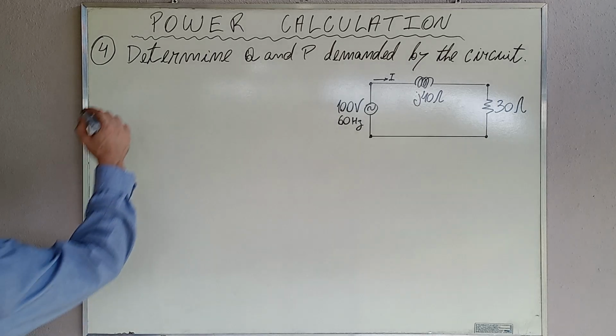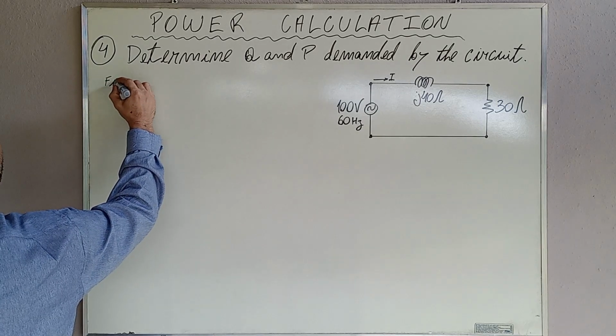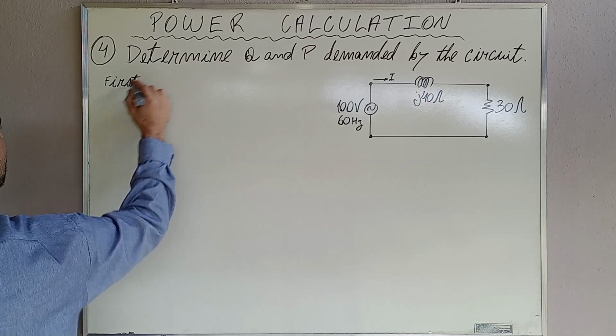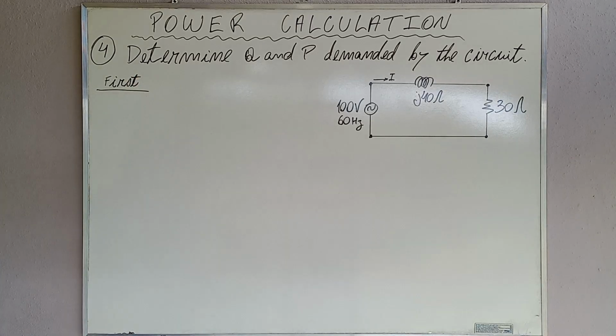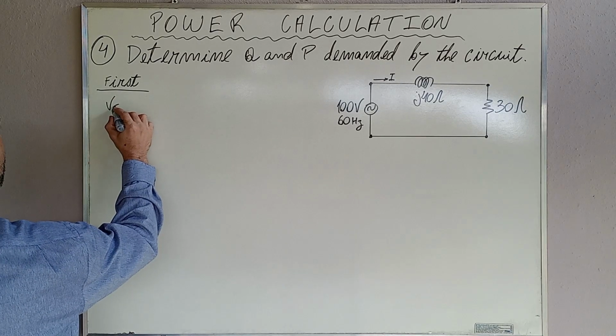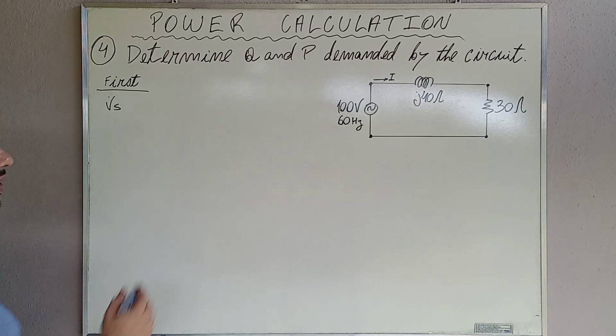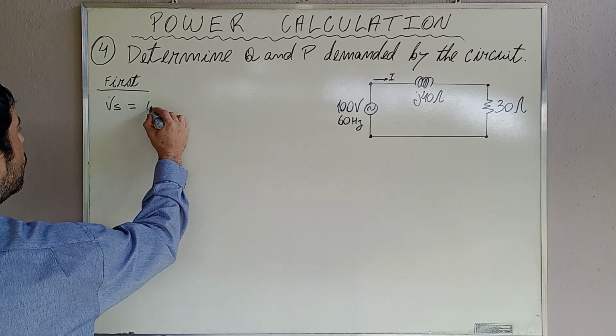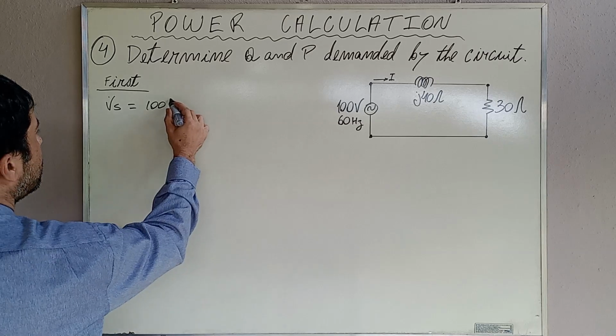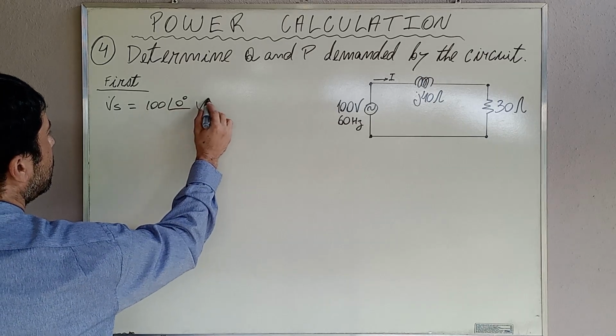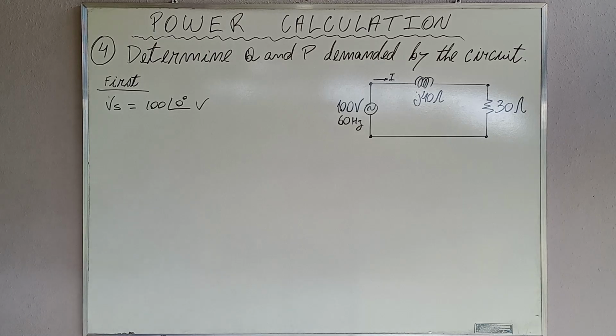The first method, if we establish that the voltage of the source is 100 phase 0 degrees, we can calculate the current.